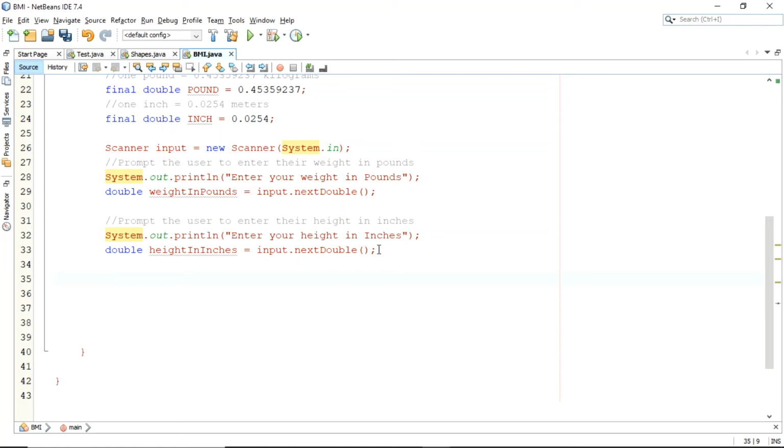So next we are converting pounds to kilograms.